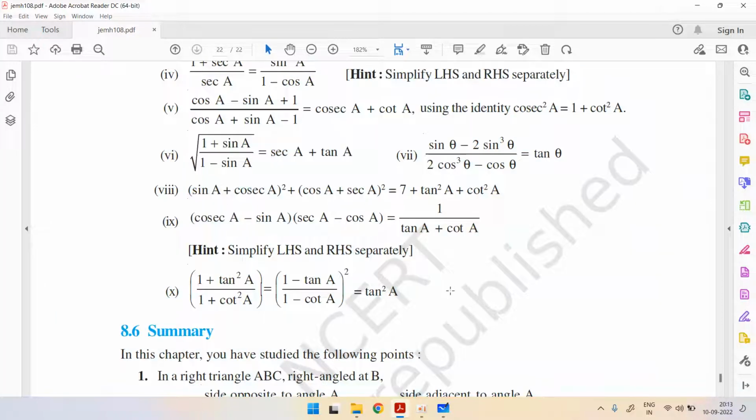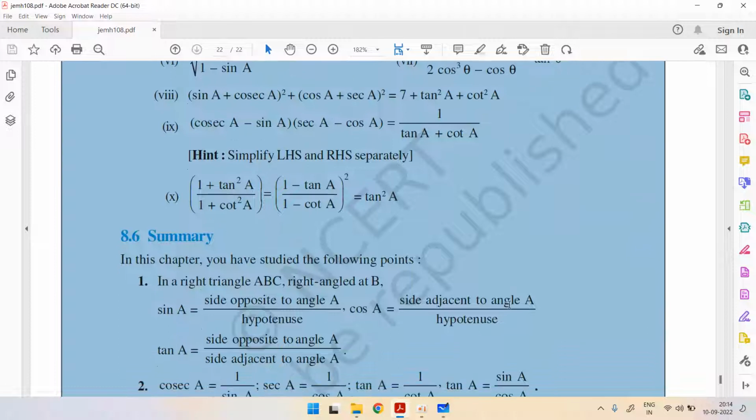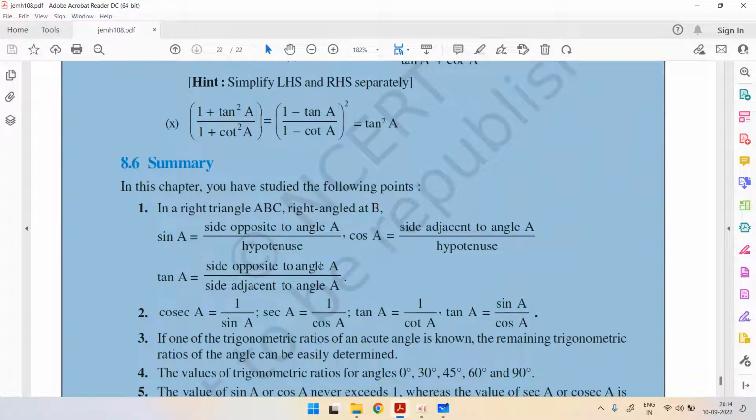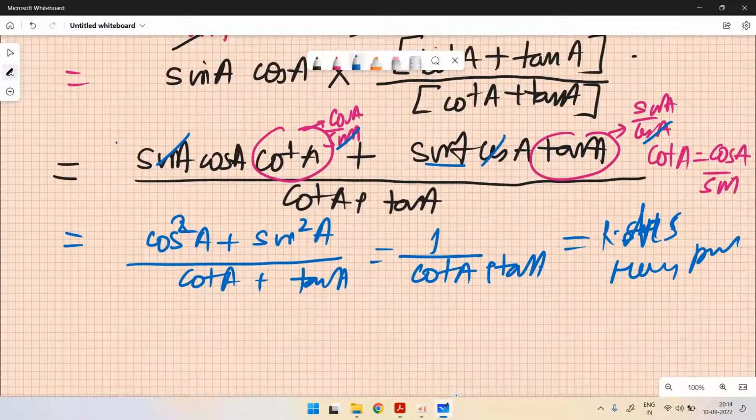Now the last is the 10th. You prove the triplet value. So this is the triplet value, you solve separately for 1 and 2.